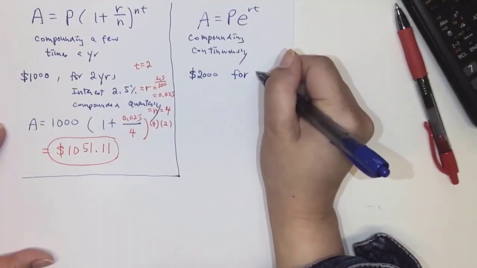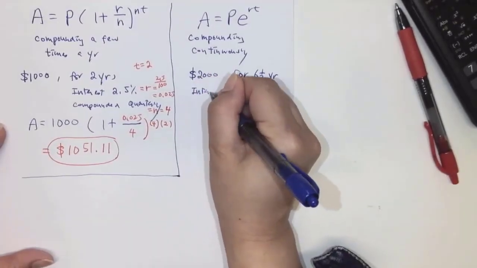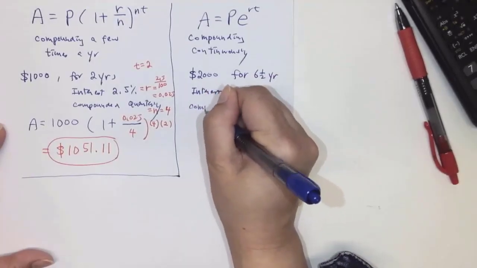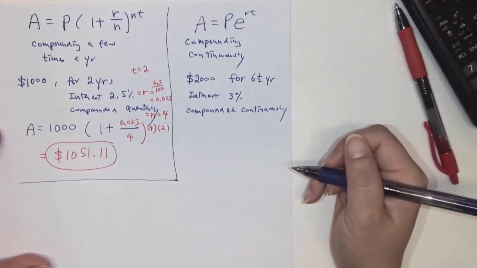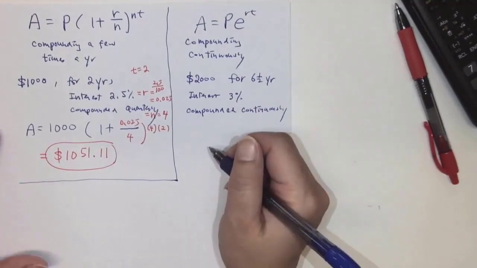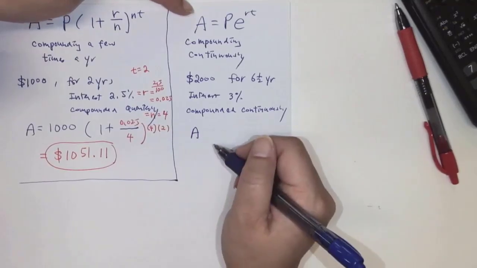For 6.5 years, the interest rate is 3% compounded continuously. I know this is going to use the PERT formula because it says continuously. So I'm going to plug it in. Do we know A, the money you have after T years?